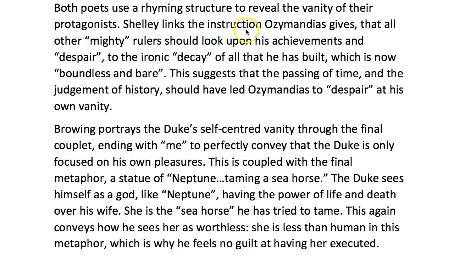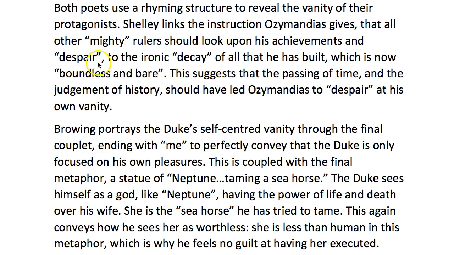Shelley links the instruction Ozymandias gives, that all other mighty rulers should look upon his achievements and despair, to the ironic decay of all that he has built, which is now boundless and bare. This suggests that the passing of time and the judgment of history should have led Ozymandias to despair at his own vanity.